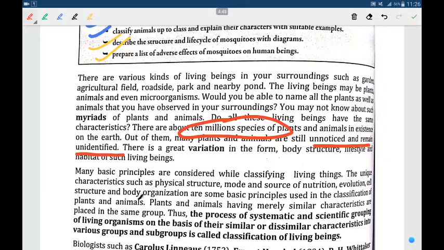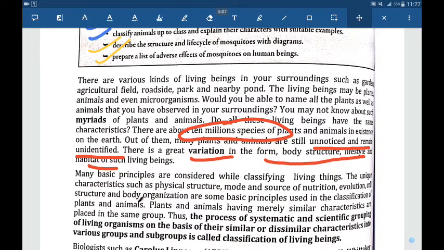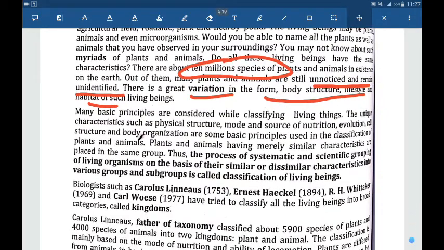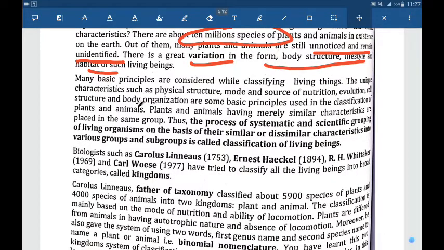So students, there is great variation, great difference, varieties in the form, body structure, life cycle, habitat of animals. Some are big, some are small, some are aquatic, terrestrial, some are aerial also. Aquatic are found in water, aerial in air, terrestrial on land.